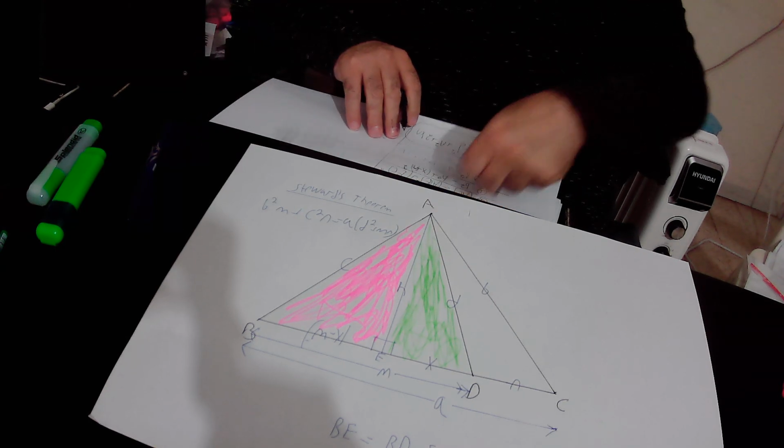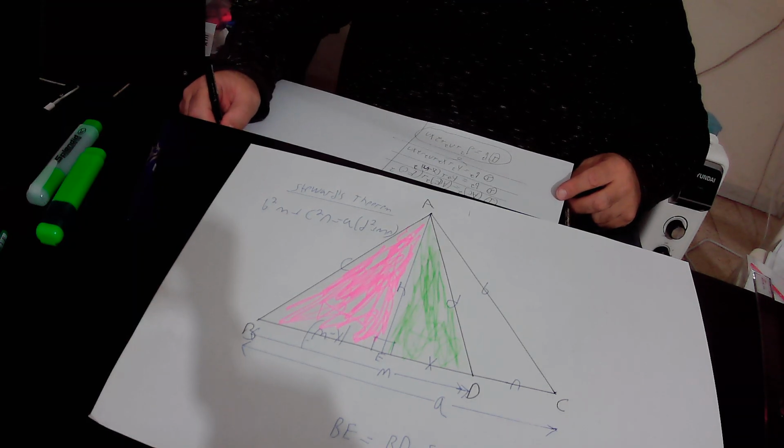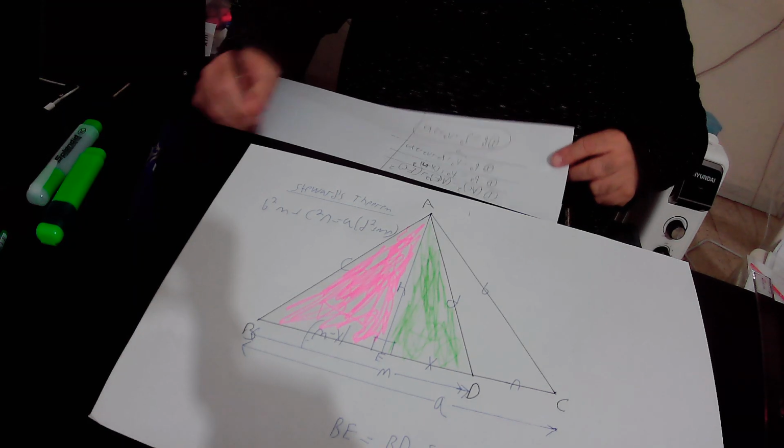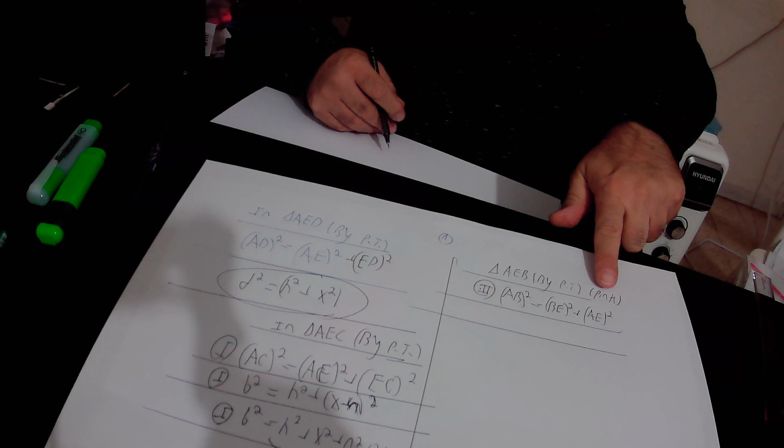Repeat again, according to the Pythagoras theorem, in the right pink triangle, we get that AB squared equals EB squared plus AE squared.